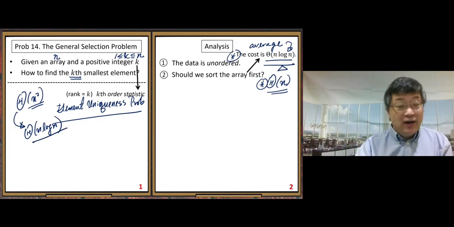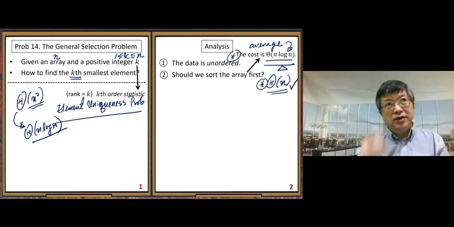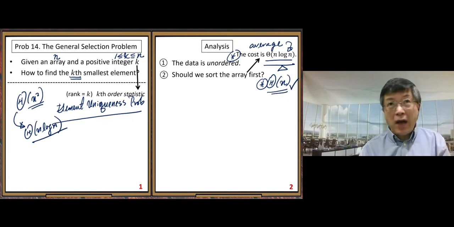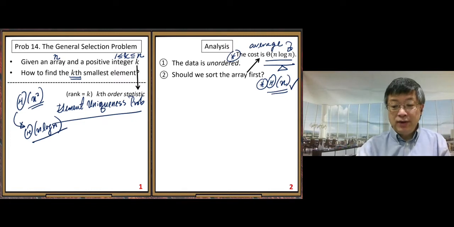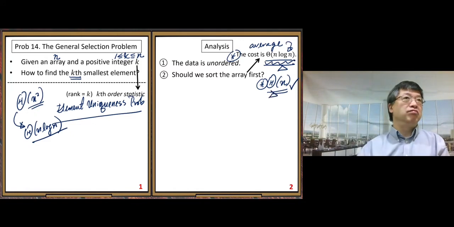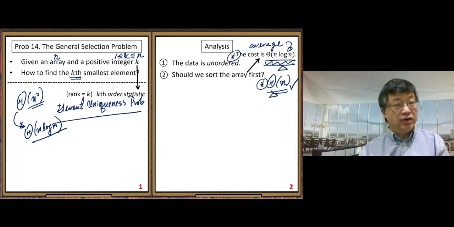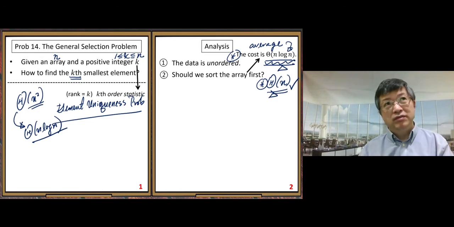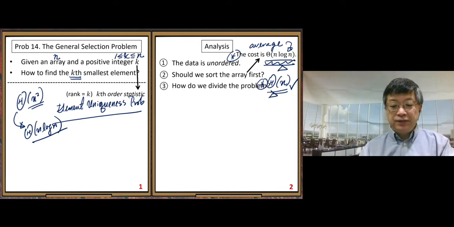But here, later we will see the best solution we can get is big theta of n, not n squared. In this situation, you cannot sort the array first because n log n is much worse than n. So that's the reason. Okay, so you do not sort it. All right. So next.